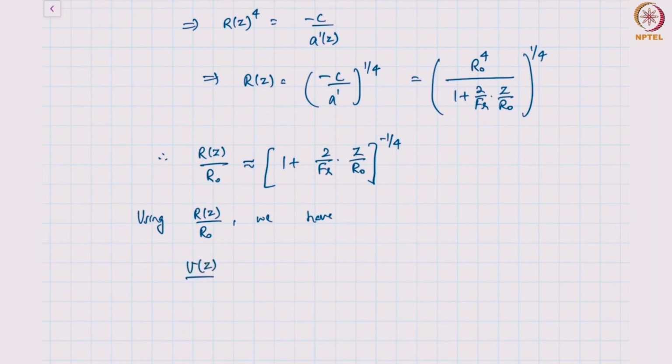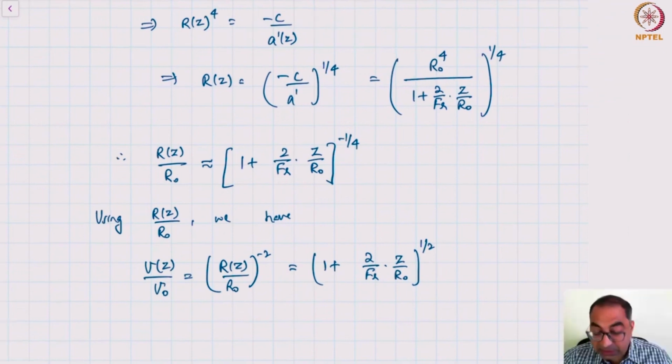U of z by u naught we have already seen is nothing but r of z by r naught power minus 2. So the ratio of the velocities would be 1 plus 2 by Froude number into z by r naught power plus half. Okay, so as you go down, as z increases, the velocity is increasing with z, but it increases as z power half.